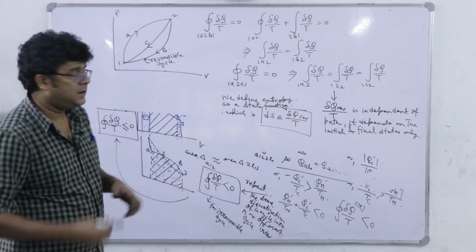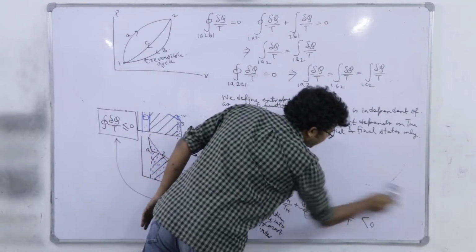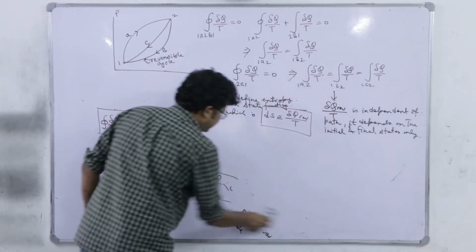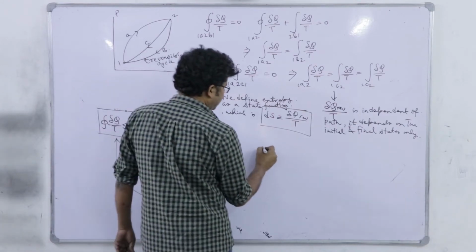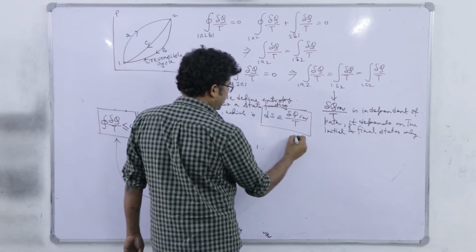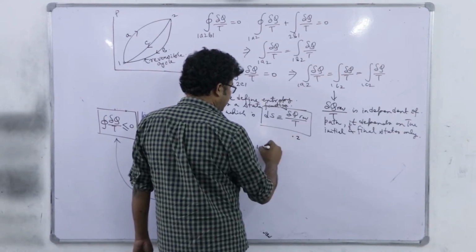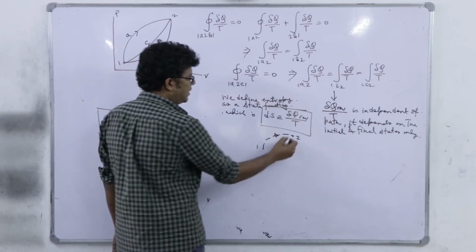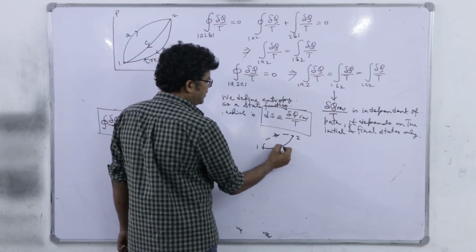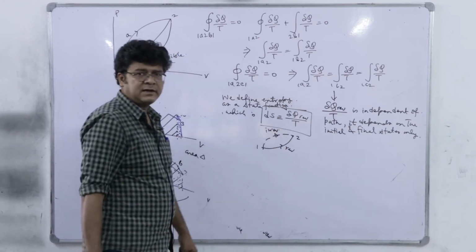Now see, for any irreversible process, if I have to calculate the entropy change, like for any irreversible process from 1 to 2, I know the initial and final state, and this is an irreversible process. What we will think? We will think of an equivalent reversible process connecting the initial and final state.